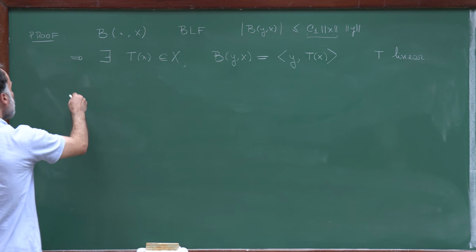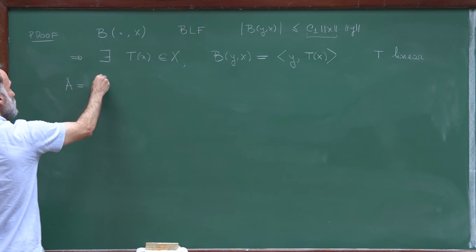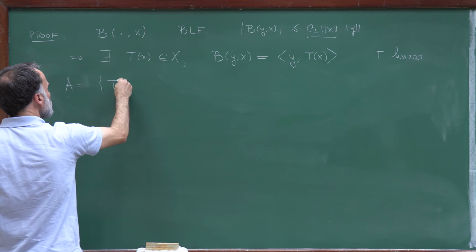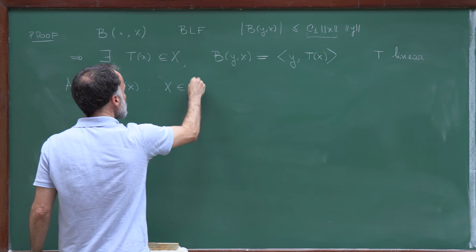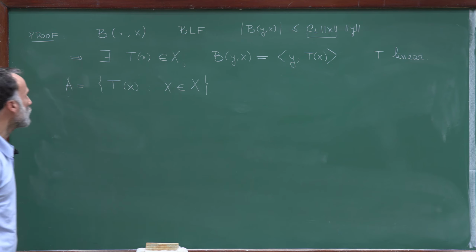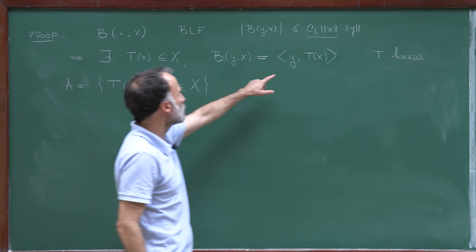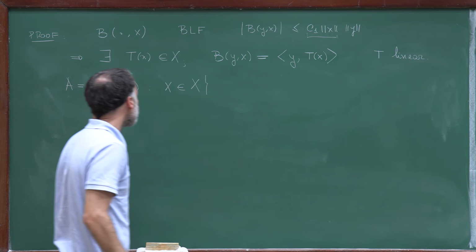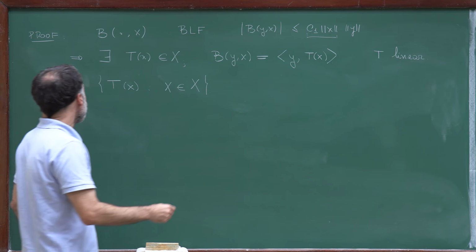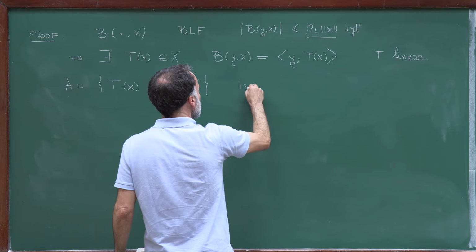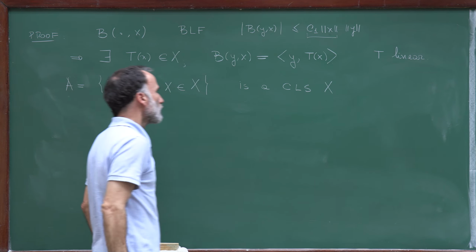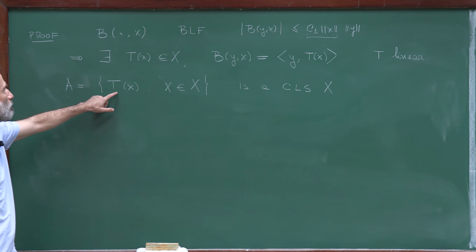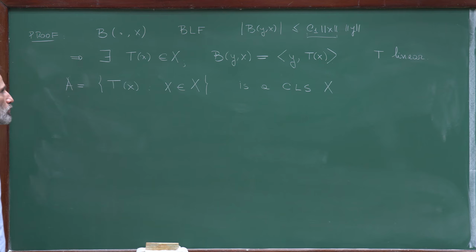So now let me call A the image of T. So this is the set of all Tx such that x is in X. Here I just recall that we proved already that T is linear. So what I claim is that A is a closed linear subspace of X. By the linearity of T, we know that this space is linear.